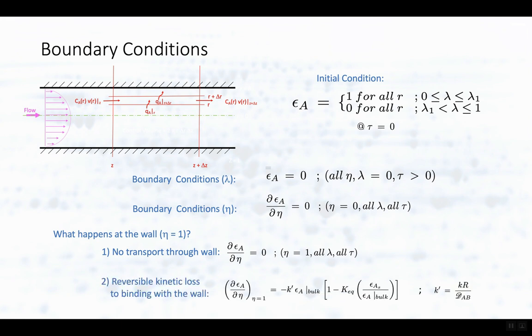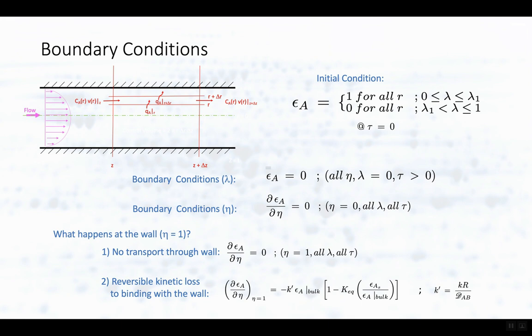Chromatography is different. And in chromatography, we have adsorption and desorption to the wall itself. So the component, the analyte that's moving down the capillary, can bind to the wall, take itself out of solution by binding to the wall when the concentration in the solution is high.